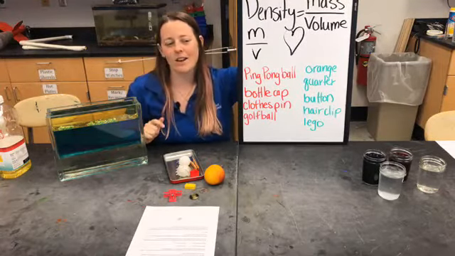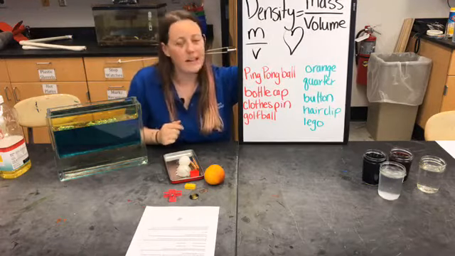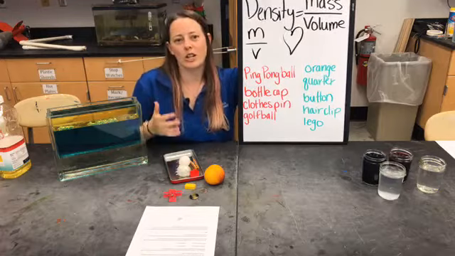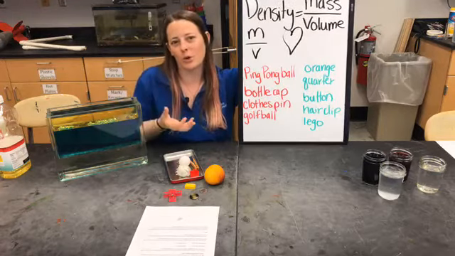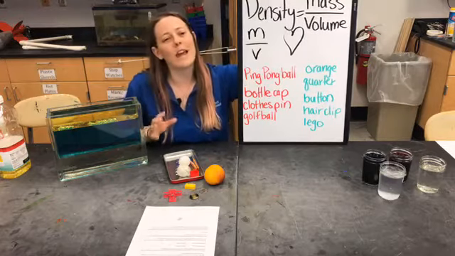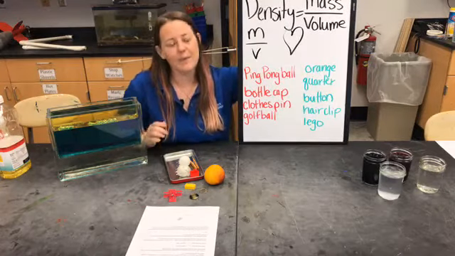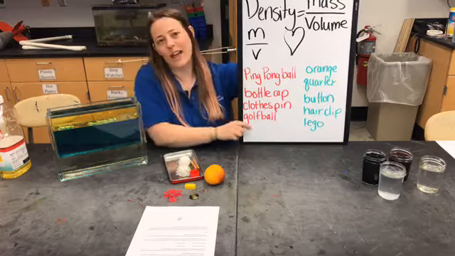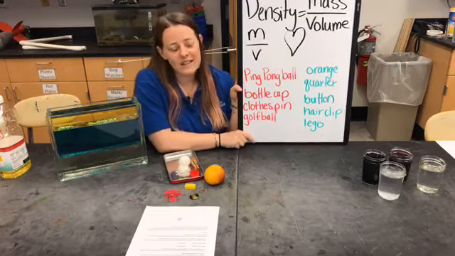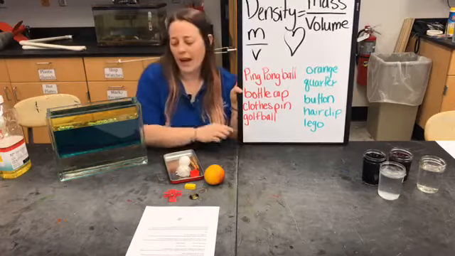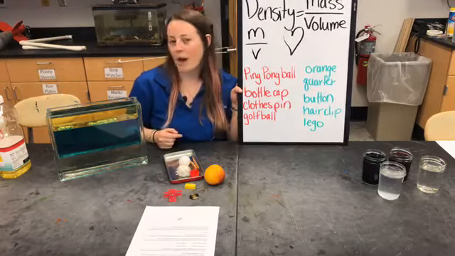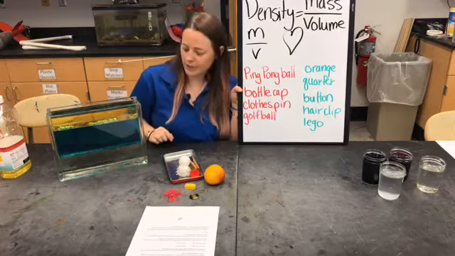While you guys are getting all of this set up on your sheets and sending it in to us, for those of you that are just joining, I want to do a short recap of what we're doing so you can follow along. Today we are talking about density, and we already learned that mass over volume is how you determine density. And we have started to create this layering effect model in our glass container.